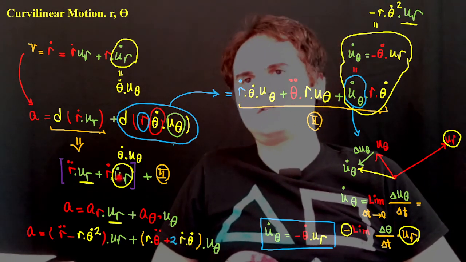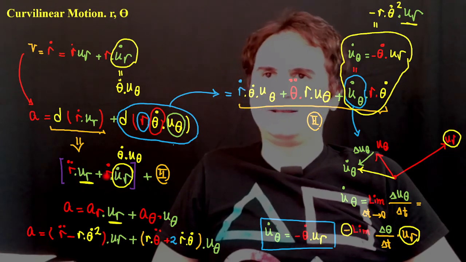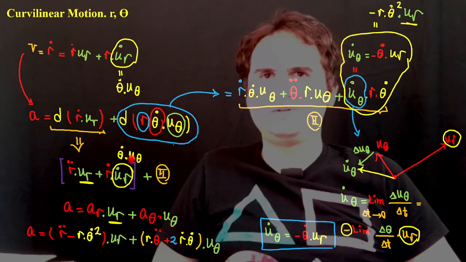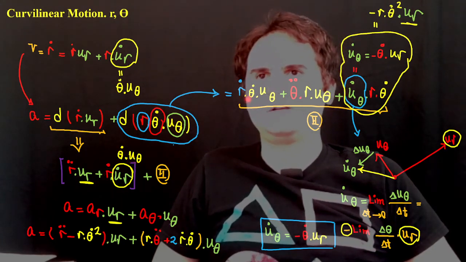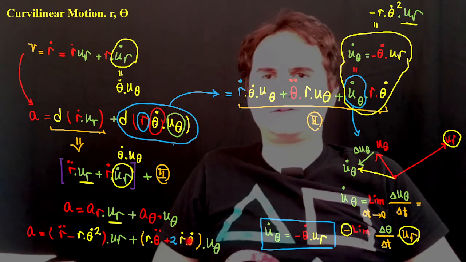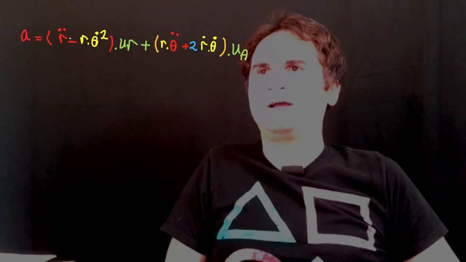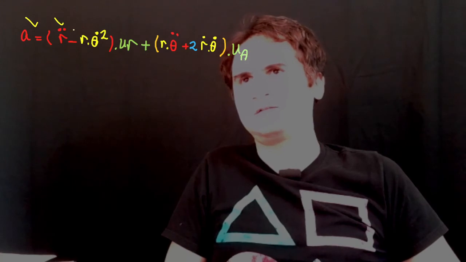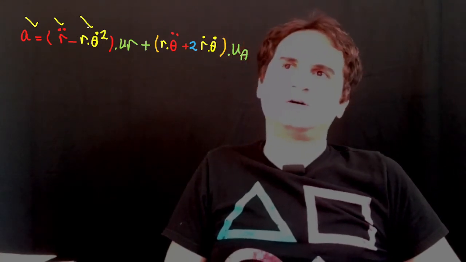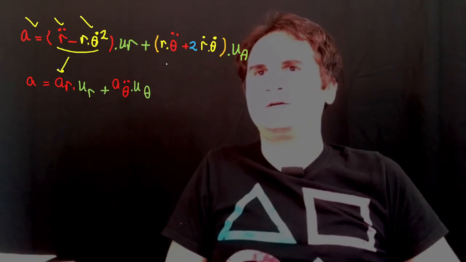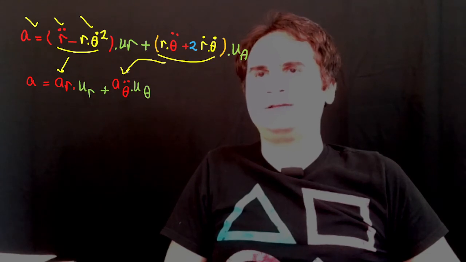And how is that? One of them is just coming from here, that's r times theta double dot u theta, and the other part comes from here. So if you add both terms, it just gives you 2 times r dot theta dot times u theta. So our acceleration in r and theta components is r double dot minus r theta dot squared, and this is a r, and this component is a theta.